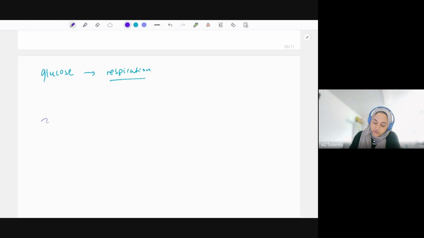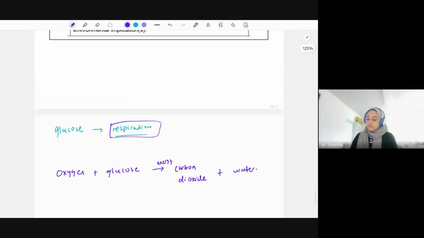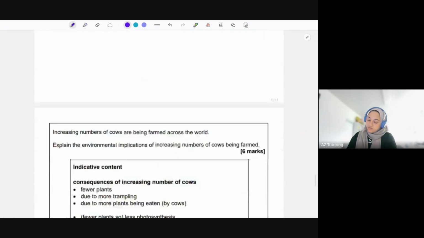So for respiration, we breathe in oxygen, which reacts with our glucose, which is in the blood, which is why we're really specific in saying blood glucose concentration. That then releases energy. The whole point of this is for energy. And we breathe out carbon dioxide, and we also release water. So this is the key thing that glucose is needed for.